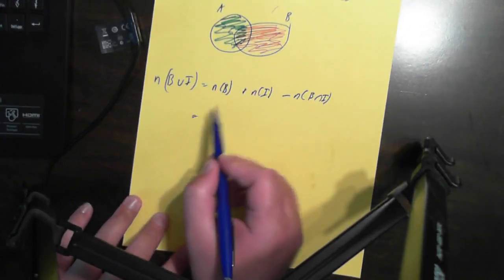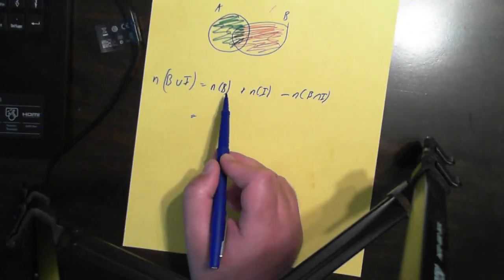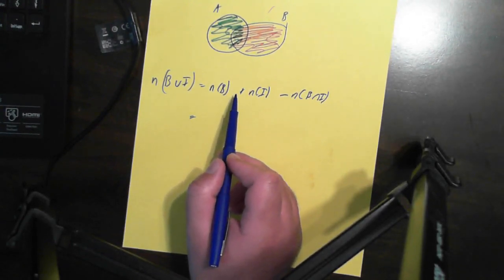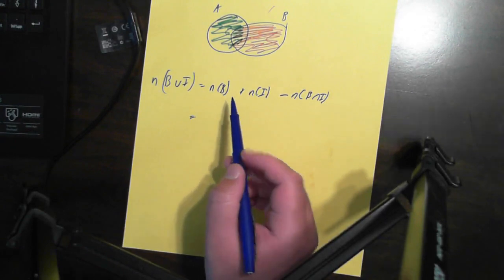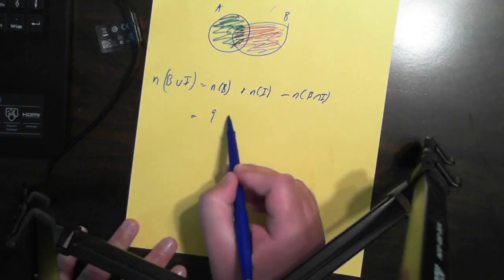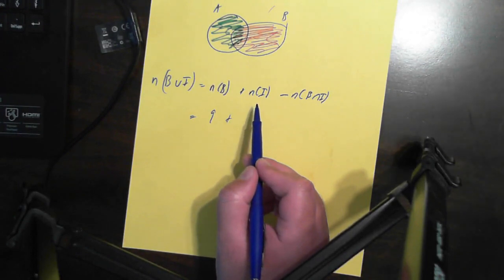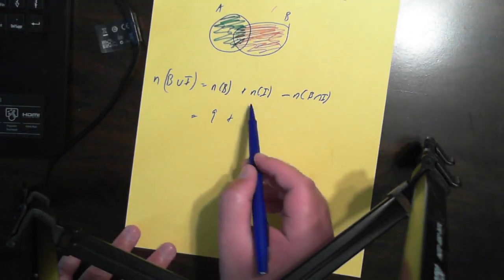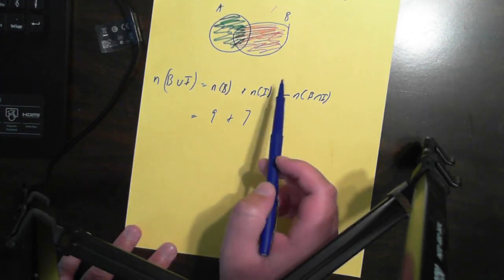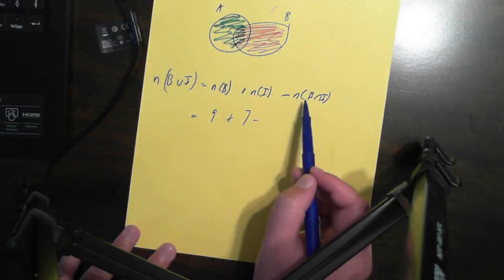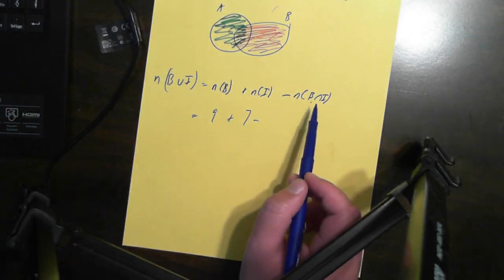Okay? So, how many use a ball? Well, set B, you can see there they've got 1, 2, 3, 4, 5, 6, 7, 8, 9 things listed. Set I, and there you can see they've got 1, 2, 3, 4, 5, 6, 7 things listed. So 9 plus 7. Now take away how many are in both.